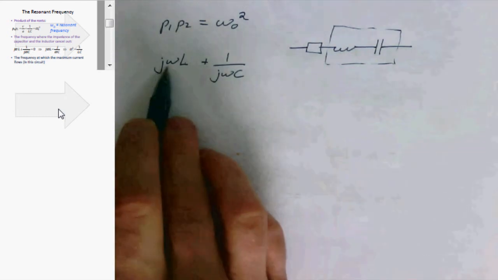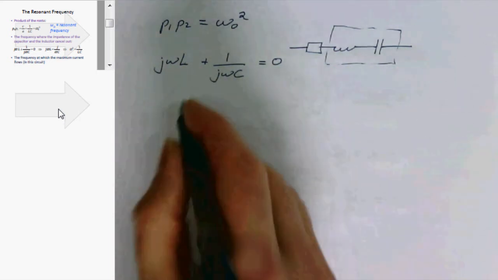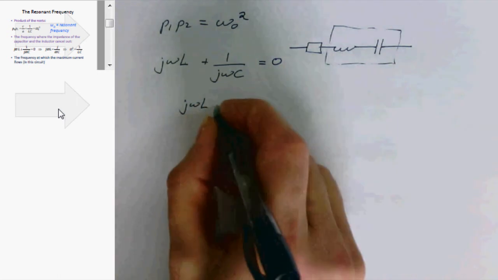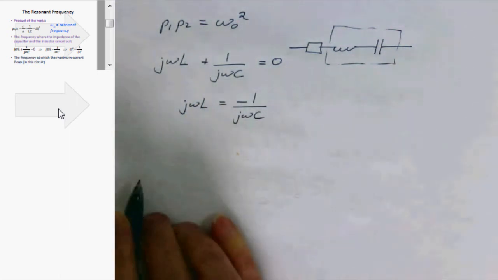And at one particular frequency, that's going to be 0. And that occurs where j omega L equals minus 1 over j omega C.